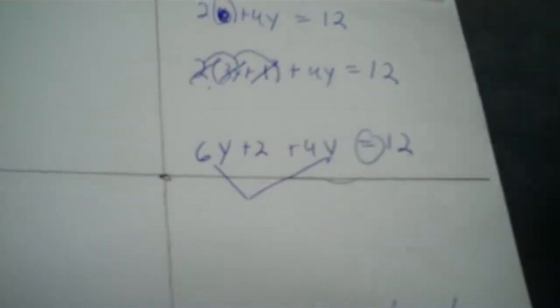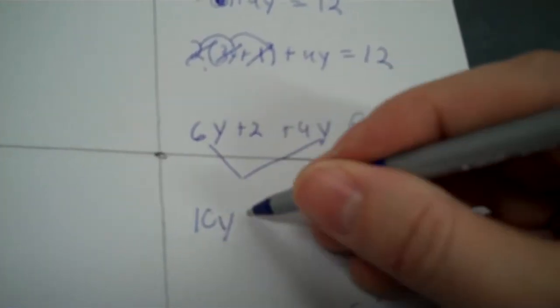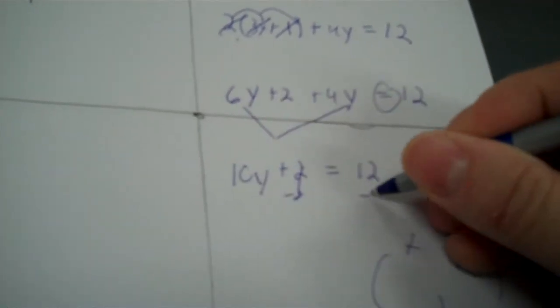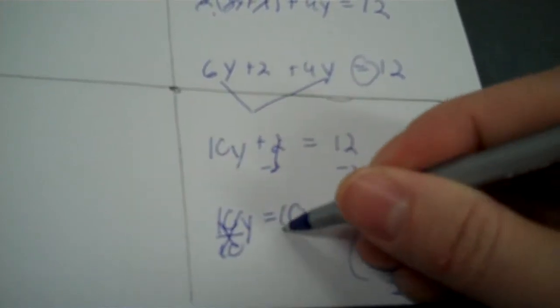So I add my y's. 6 plus 4 is 10. Plus the 2 equals 12. Then we subtract 2 to give us 10. Divide by 10. And 10 divided by 10 is 1. So y is 1.